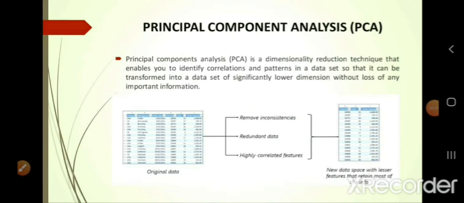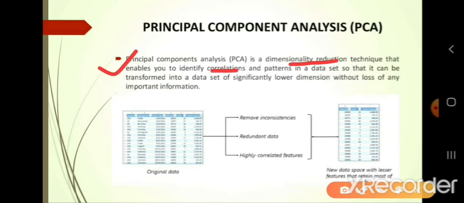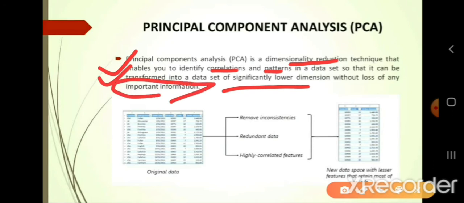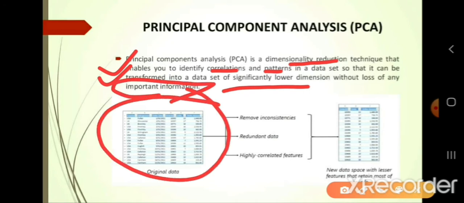Principal component analysis is a dimensionality reduction technique that enables us to identify correlations and patterns in the data set, so that we can transform it into a data set of significantly lower dimension without any important information loss. Suppose we have original data with multiple variables.